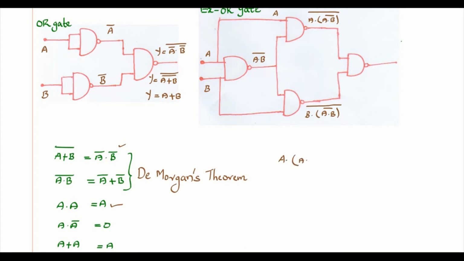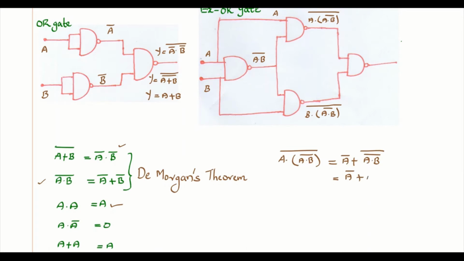We need to evaluate A dot B complement whole complement. And using De Morgan's theorem, we have A dot B whole complement, which is equal to A complement plus B complement.